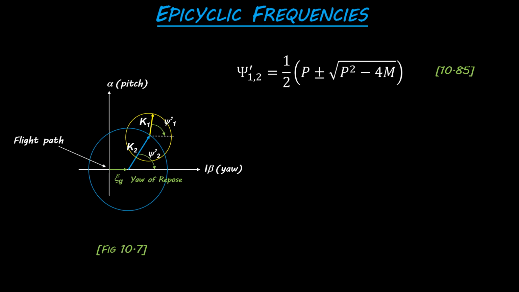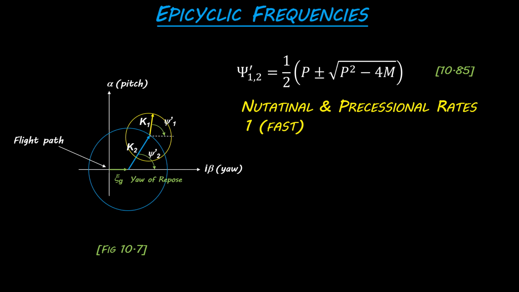This is our change in the angle. Now, these are called the nutational and precessional rates, because notice these are marked off as a rate, not the actual angle. It's the first derivative. Number 1 here is called fast, that's the nutational part, and number 2 is the slow arm, that's the precessional part.